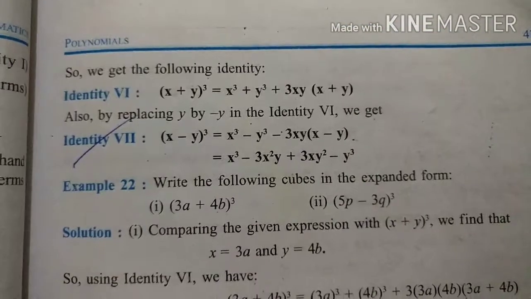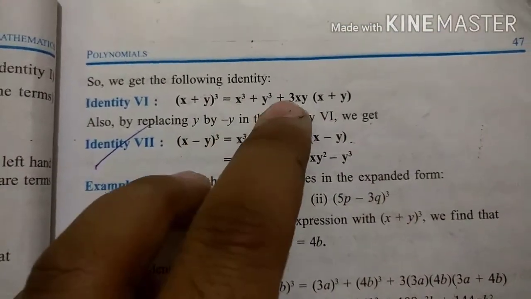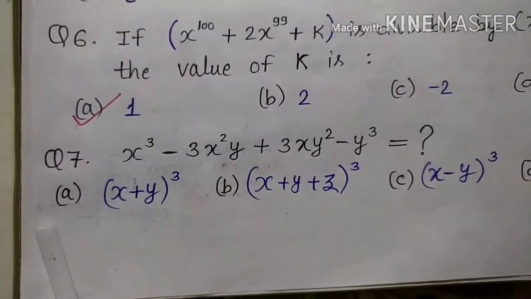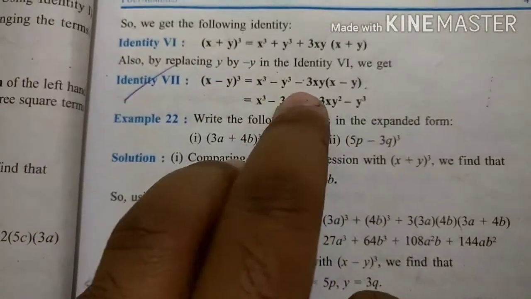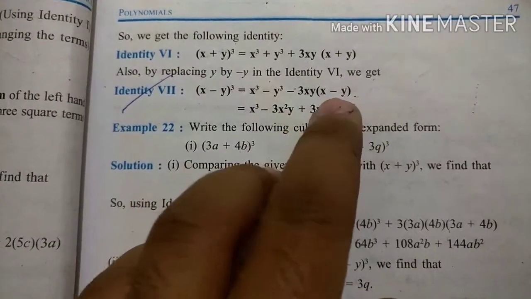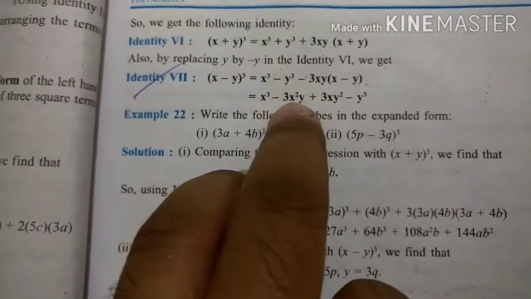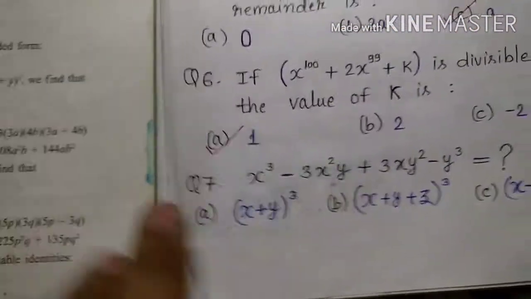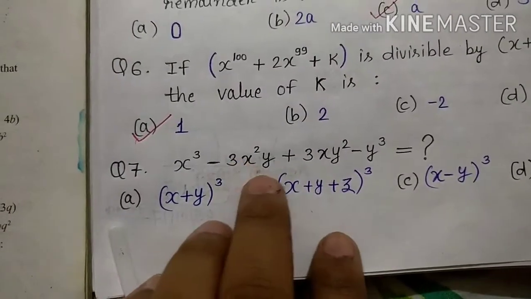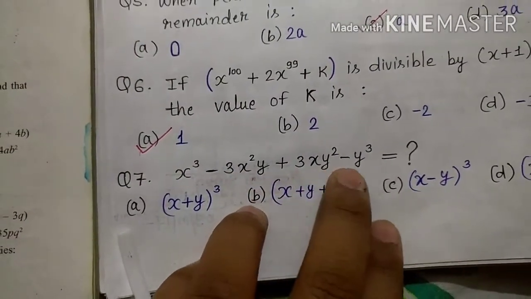Now come to the cube ones: x plus y whole cube is x cube plus y cube plus 3xy times x plus y, but ours is x cube minus 3x square y. Now x minus y whole cube is x cube minus y cube minus 3xy times x minus y, or we can say x cube minus 3x square y plus 3xy square minus y cube, and the same thing is written here in the 7th question.